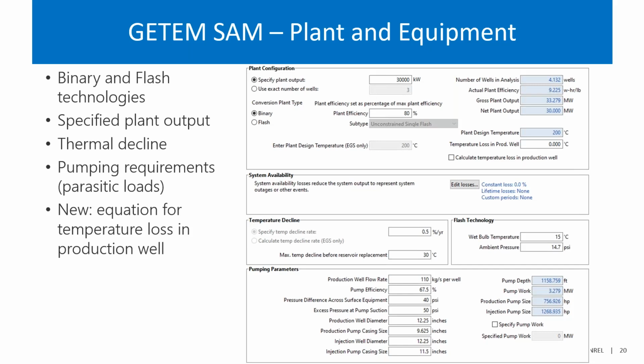And then you can specify your temperature decline for your resource over time, as well as your pumping requirements, such as your well flow rate, pump efficiencies, casing diameters, and the like, to figure out your pump work required for your project.